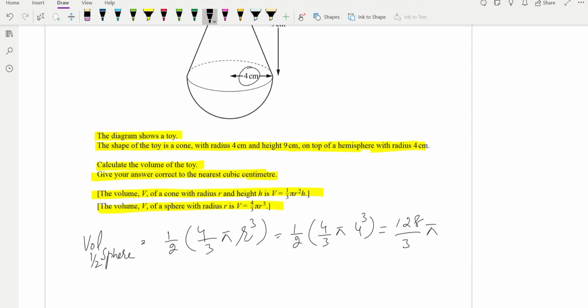And now for the cone also we can write volume of cone.